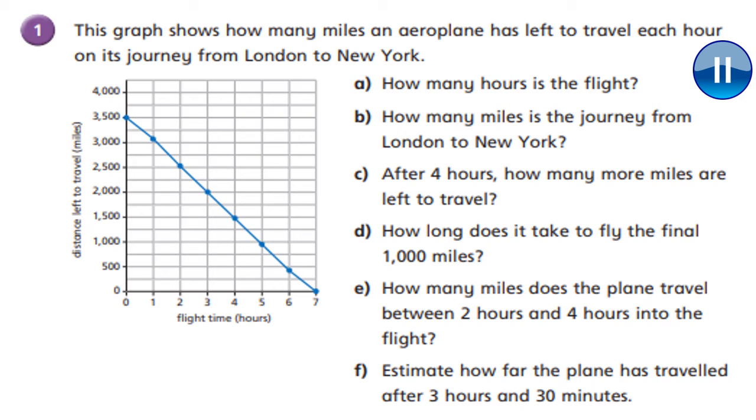E. How many miles does the plane travel between 2 hours and 4 hours into the flight? And F. Can you estimate how far the plane has travelled after 3 hours and 30 minutes? Good luck!